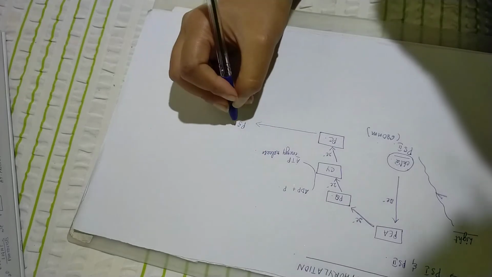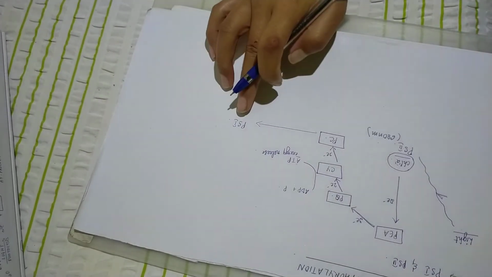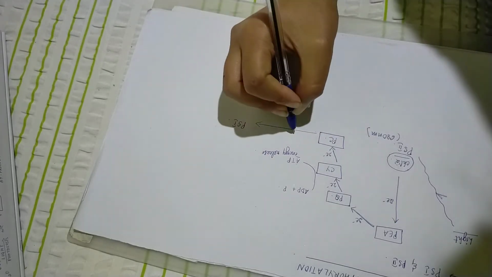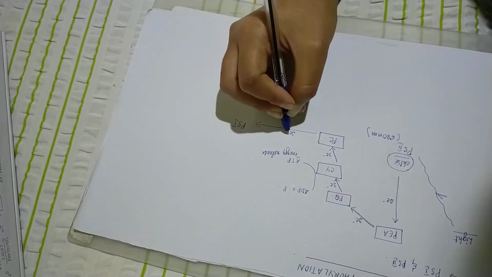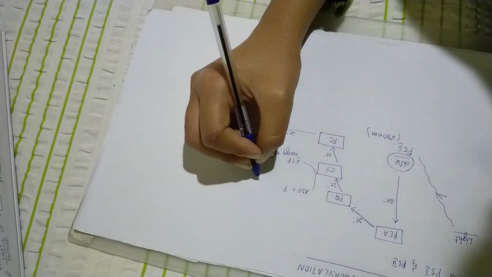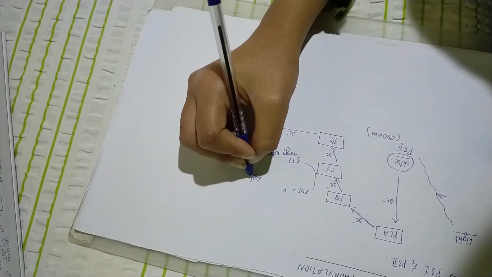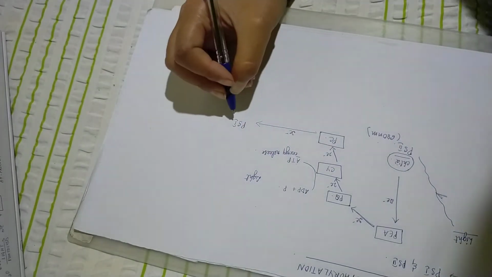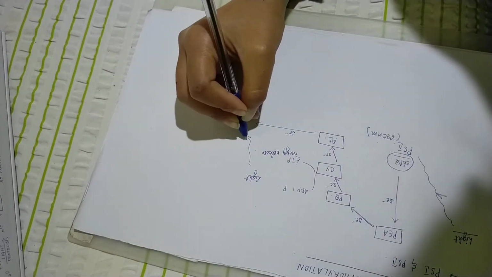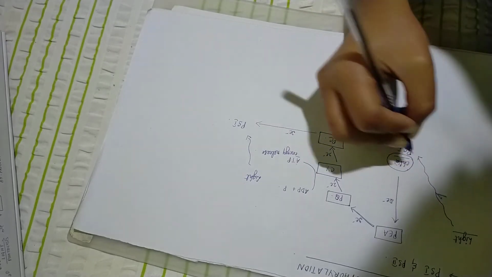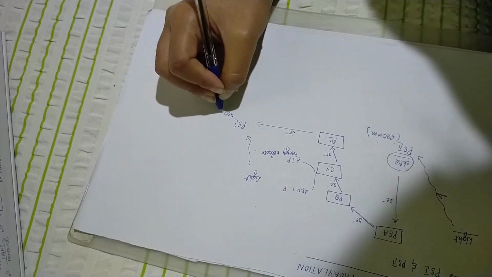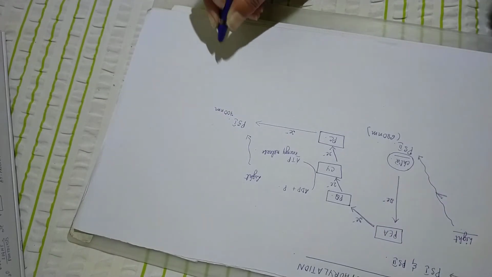So PS1 absorbs the electron from this, and also absorbs energy directly from sunlight. You know that when light hits PS1, it absorbs light energy at a wavelength of 700 nanometer.